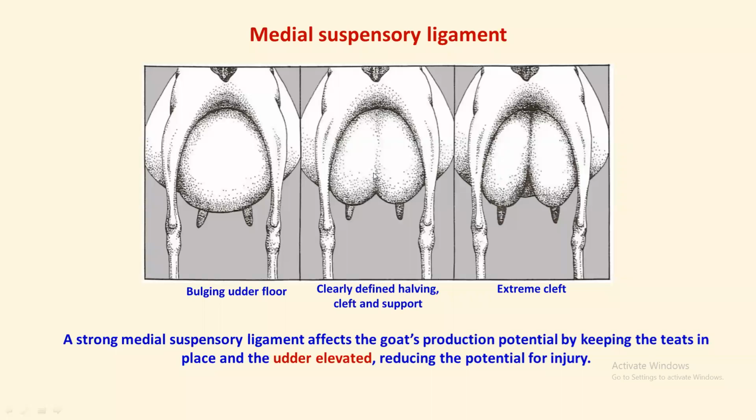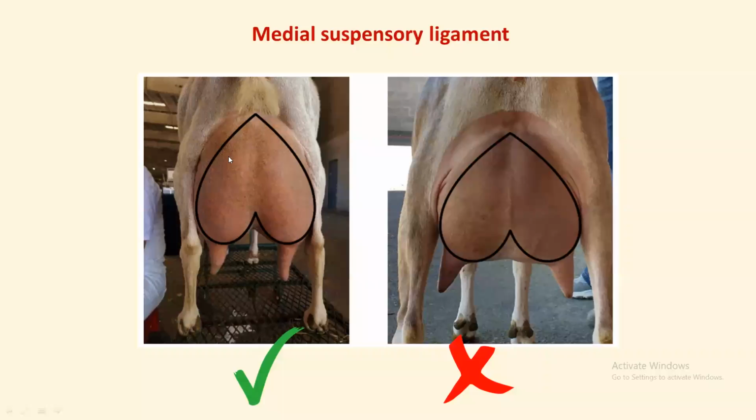The first picture shows a bulging udder floor, which is not recommended; the second is an intermediate udder cleft, which you can select; and the last is an extremely deep cleft, which is highly recommended. An extremely deep udder cleft will form this kind of heart-shaped pattern if you see it from the back.